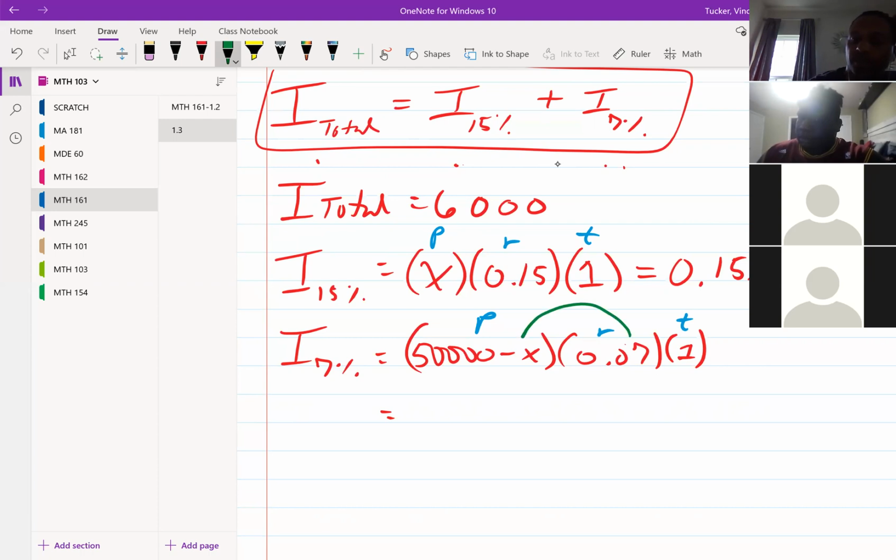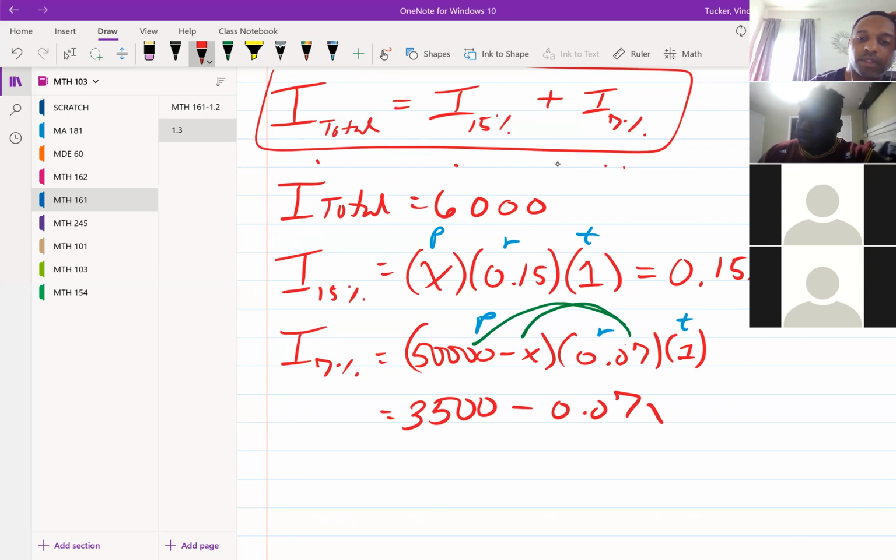So I'm going to distribute that 0.07 to both pieces here. So that should be 3,500 minus 0.07x.